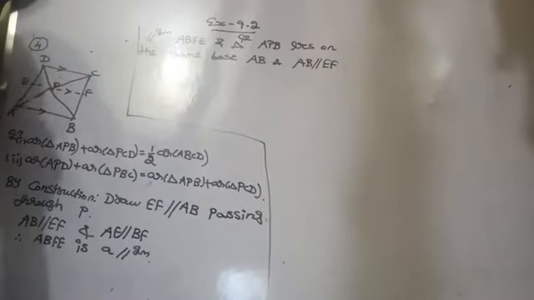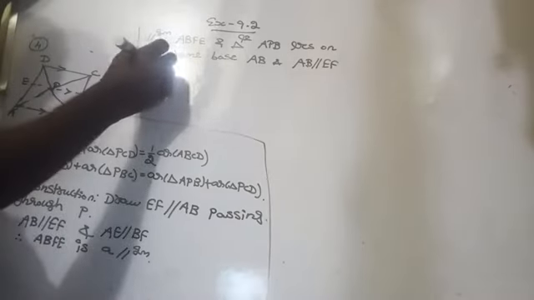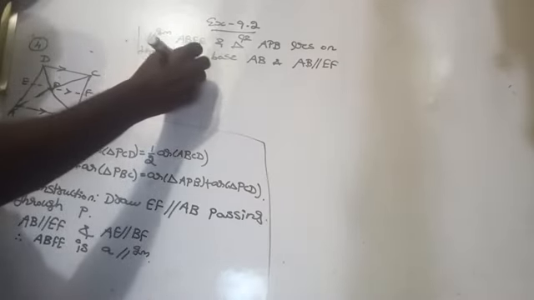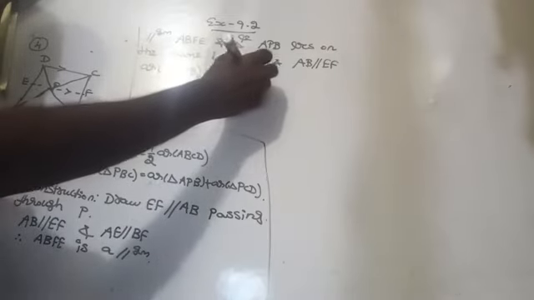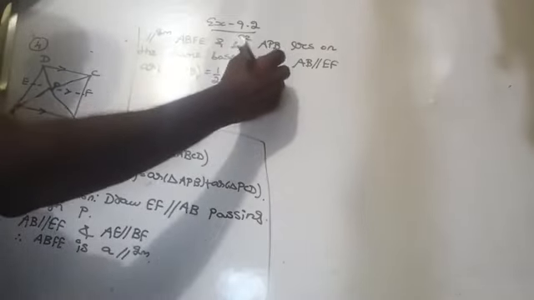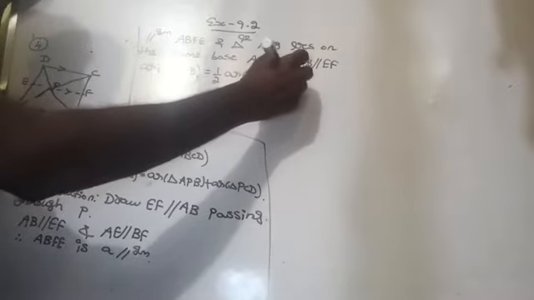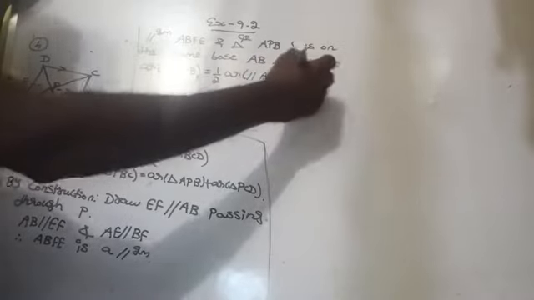So you can conclude that area of triangle APB is equal to half of area of the parallelogram ABFE. Am I right here? Let it be equation number 1.